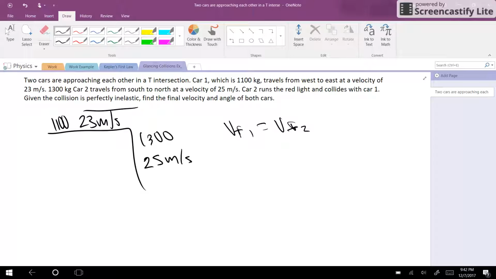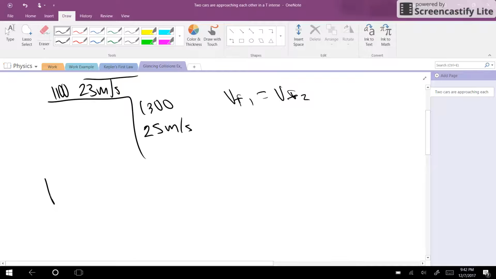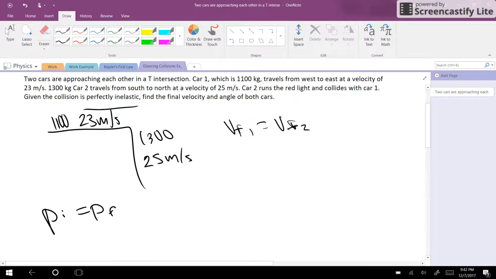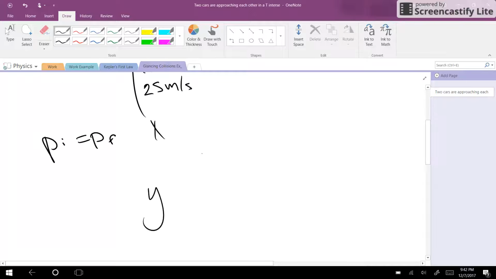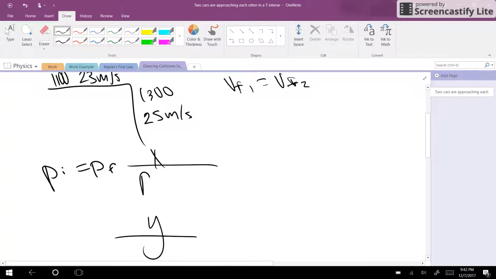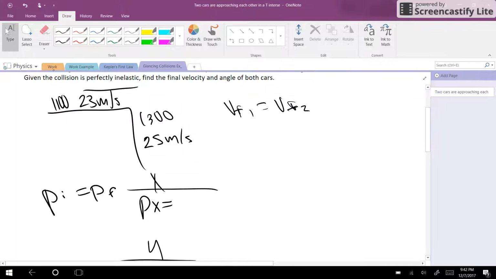So what do we need to know? Well, first off, PI equals PF. Obviously, momentum is going to be conserved. But this problem is a little different. We're going to go on two axes, the x-axis and the y-axis. So let's plot the momentum on the x-axis: m1 v1 on the x plus m2 v2 on the x.